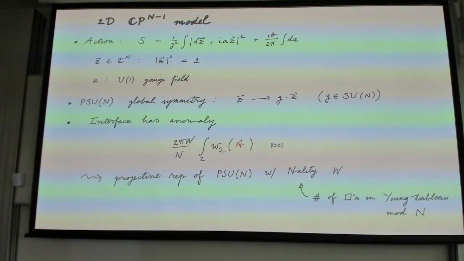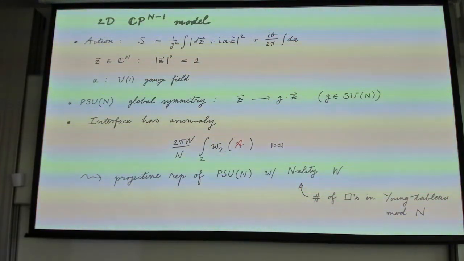It has a PSU(N) global symmetry. If I multiply the z with an SU(N) matrix, that's a symmetry. It's PSU(N) because multiplication by the center elements is equivalent to a U(1) gauge transformation, and so that doesn't count. You have to divide out, therefore, by the center.